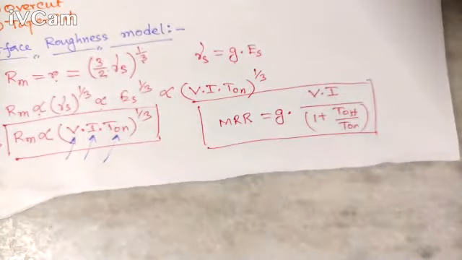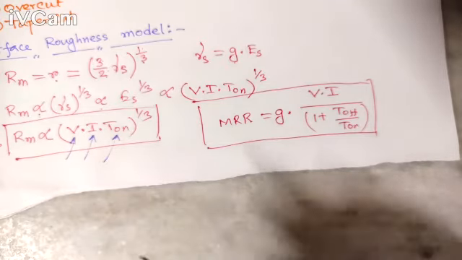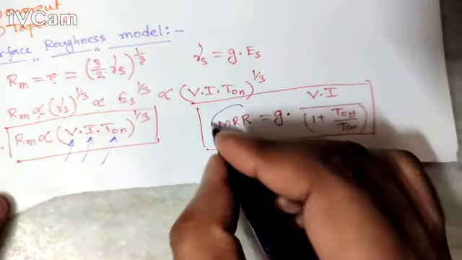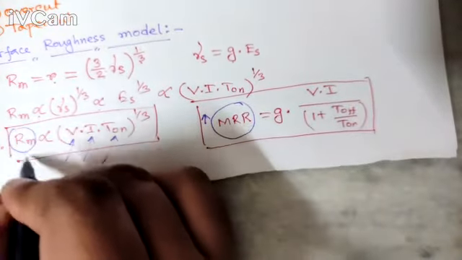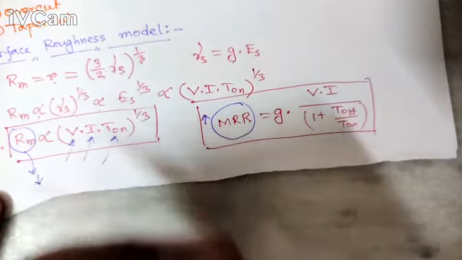Everyone keep these two equations aside. If we want productivity and quality at the same time, then our intention should be to increase MRR and to decrease the surface roughness value.